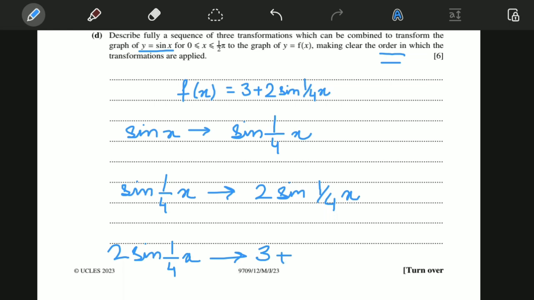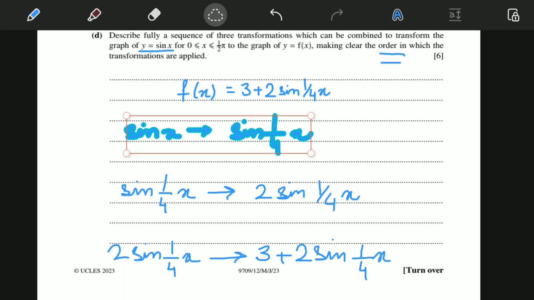Now you can explain this in words as well. 3 plus 2 sine 1 by 4x. Now let's arrange them and write them up.